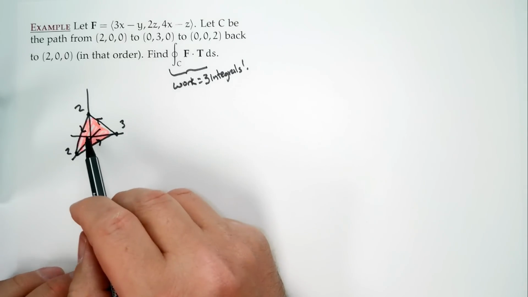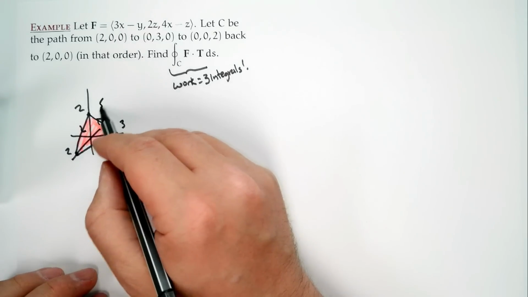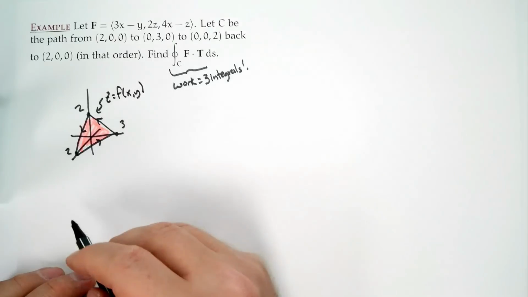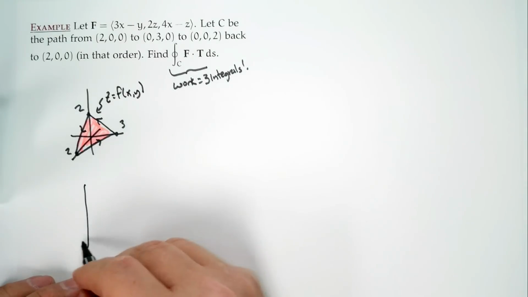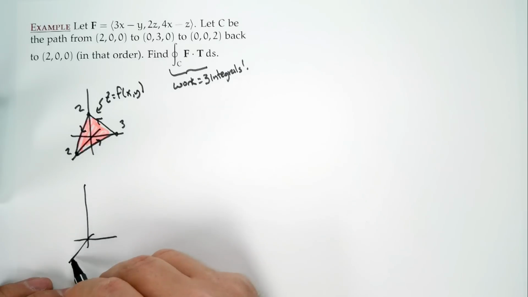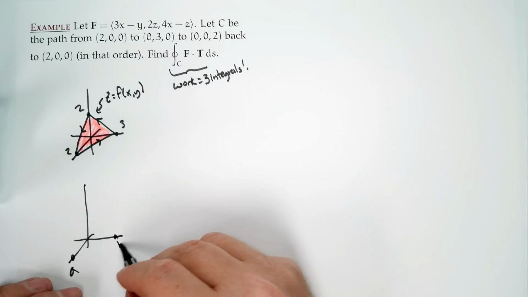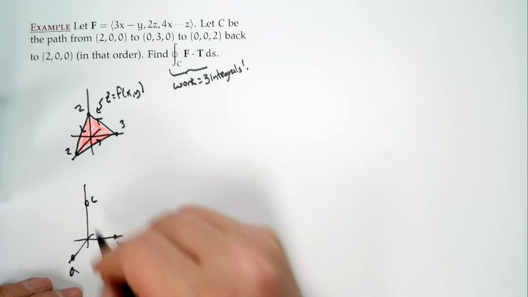Now, which plane? All right, so we have this new surface, z equals f of x, y. Well, in general, if I know where I intersect the axes, there's a very clean way to find the plane.